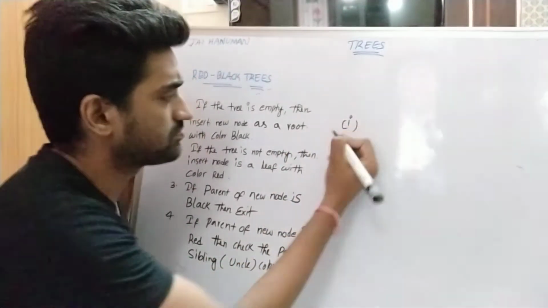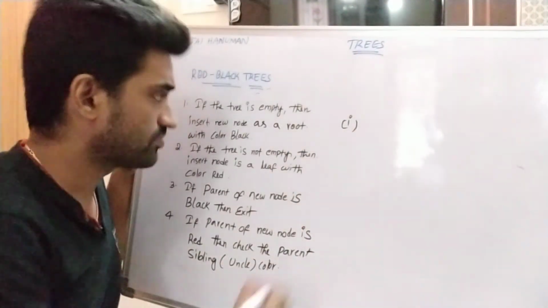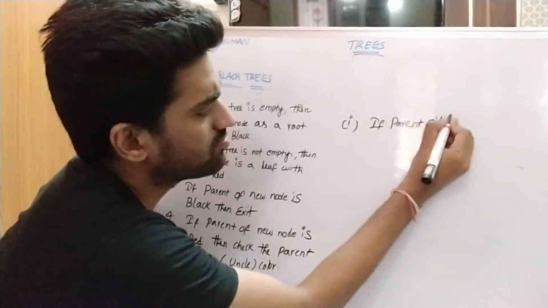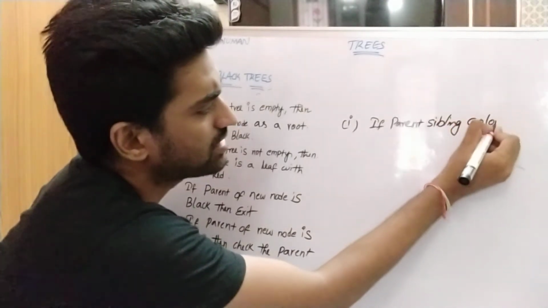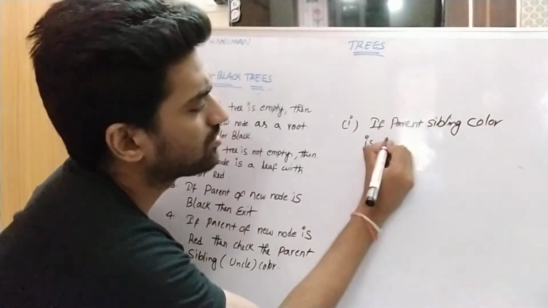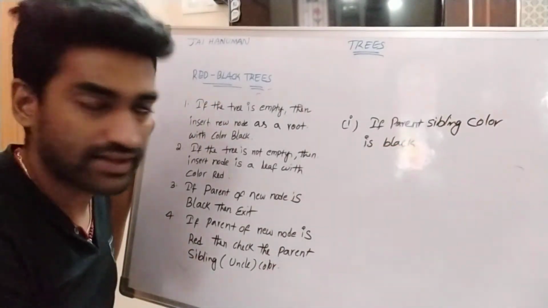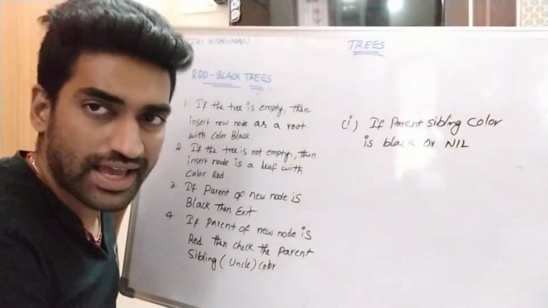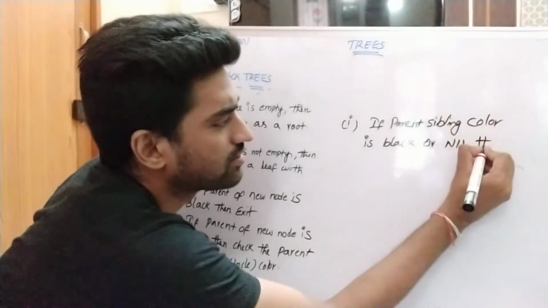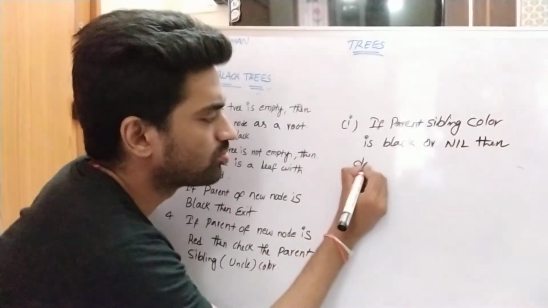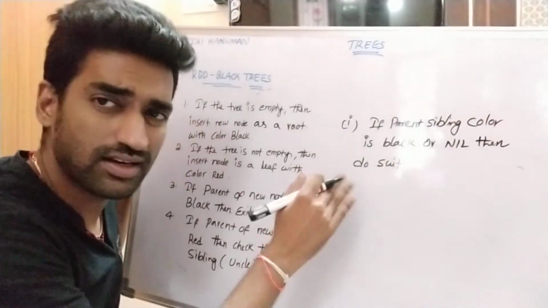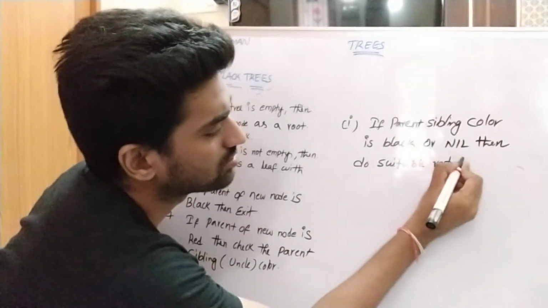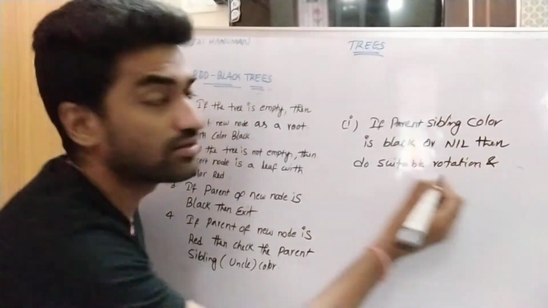The first case is, if the parent sibling color is black or nil, then do a suitable rotation, either LL, RR, LR or RL rotation, and recolor it.